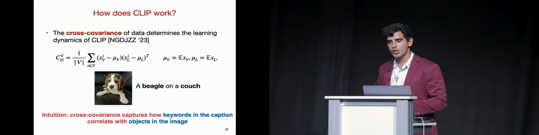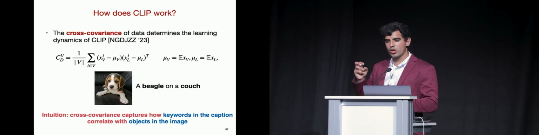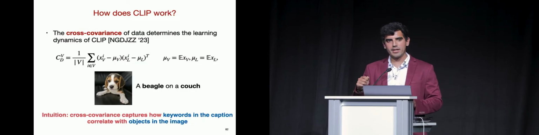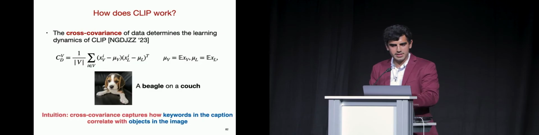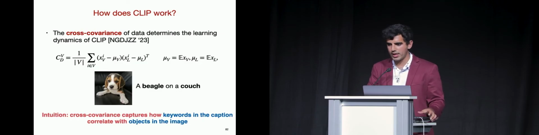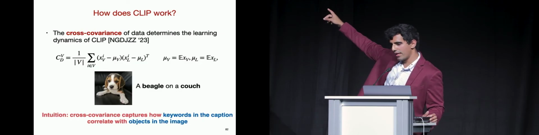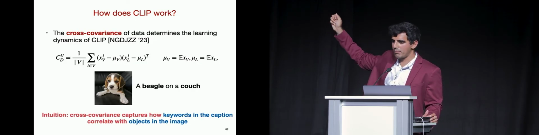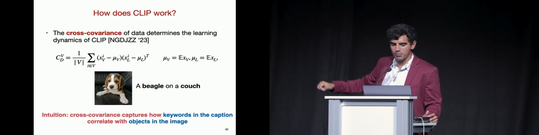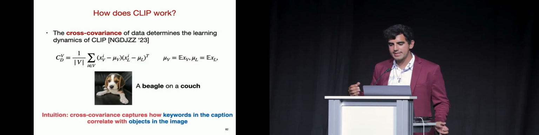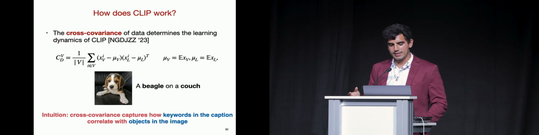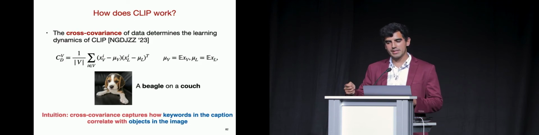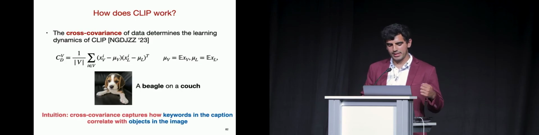Prior work has shown that the cross covariance of data determines the learning dynamics of CLIP. This is the formal expression for cross covariance of data, with mu v being the average vision example and mu l being the average text example. In simple words, cross covariance refers to how keywords in the caption correlate with objects in the image.